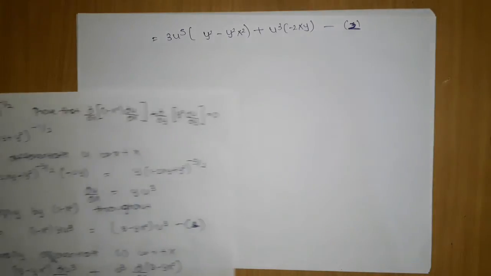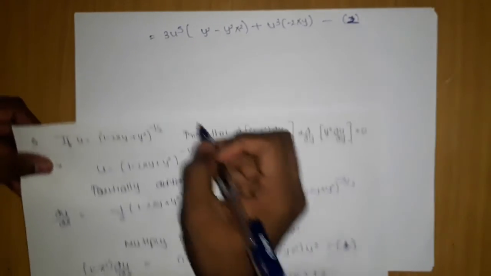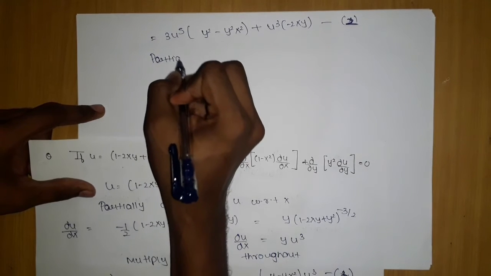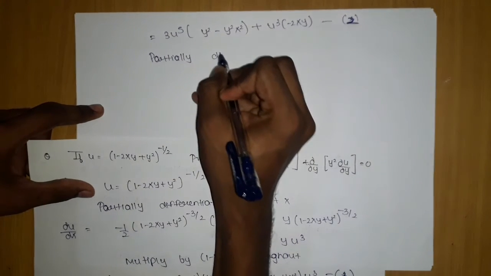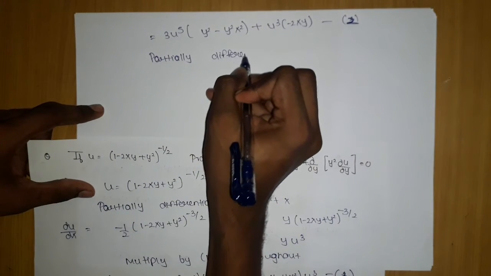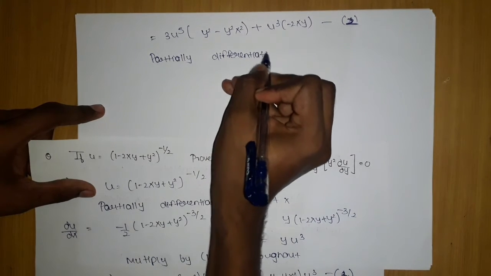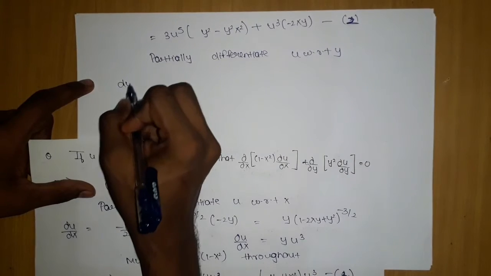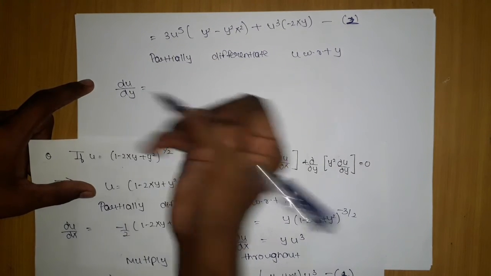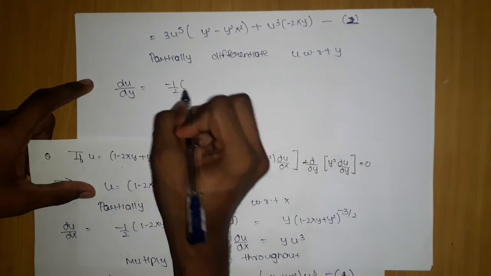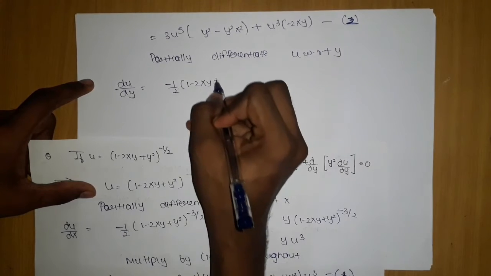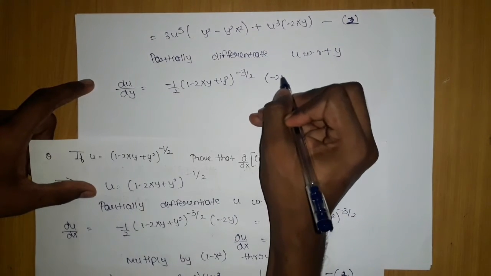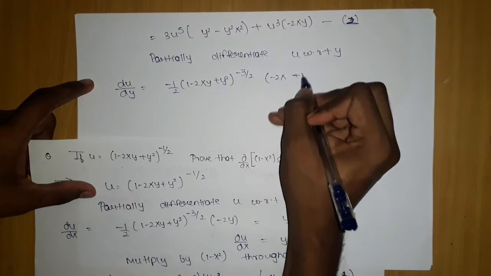After this, what we want to find? We want to find ∂u/∂y. So partially differentiate u with respect to y. ∂u/∂y will be −1/2 (1 − 2xy + y²)^(−3/2), and here it will be (−2x + 2y).